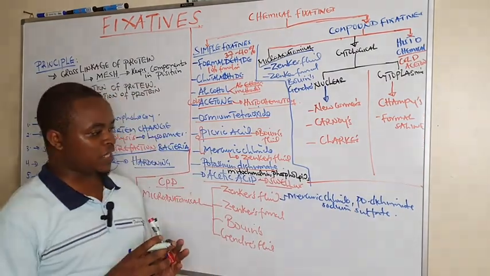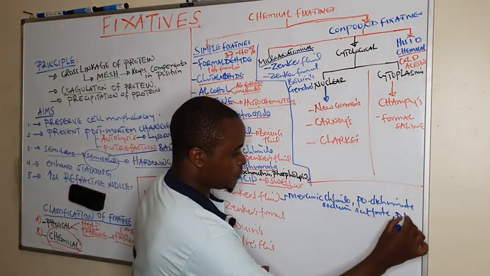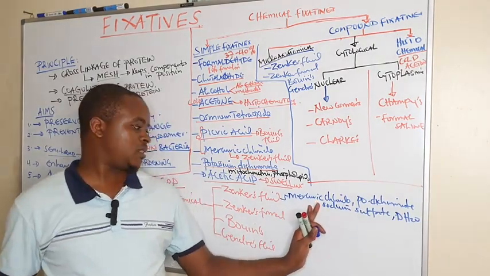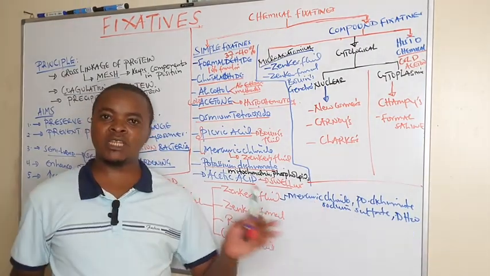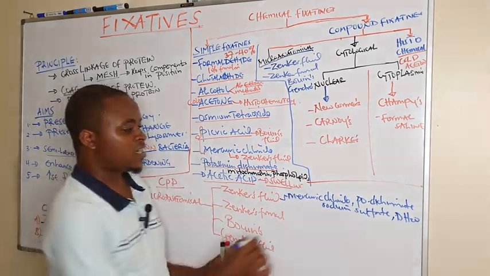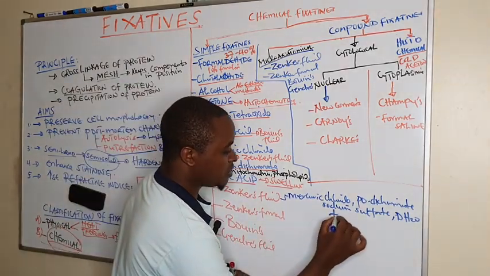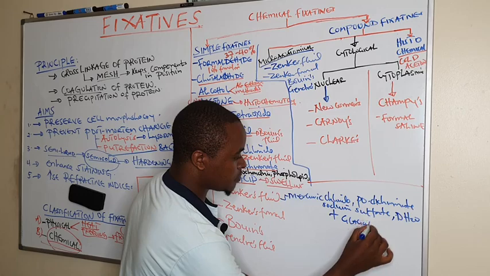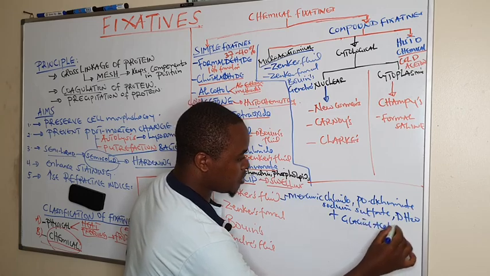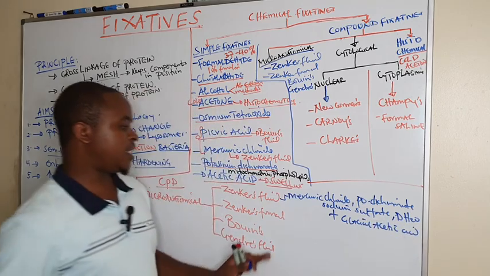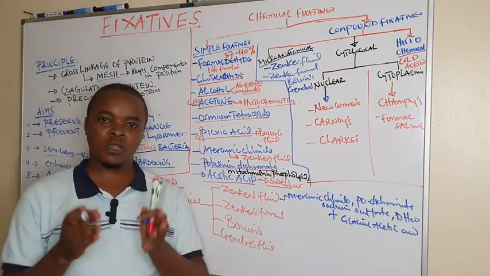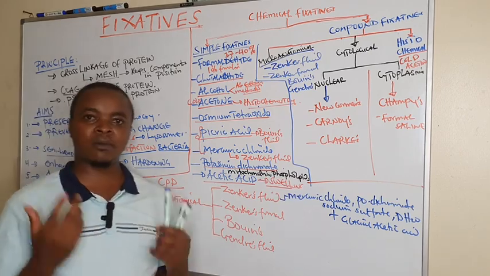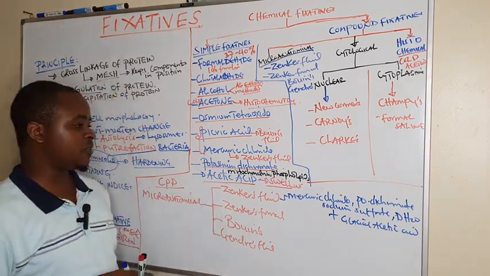Those are the ingredients, together with distilled water, that we use to prepare Zenker's fluid. But when it is going to be applied, we add drops. So on application, that's when we add drops of glacial acetic acid. Glacial acetic acid is added to the Zenker's fluid when we want to stain, to stabilize it.